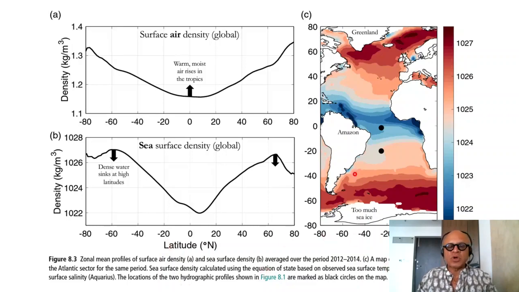The locations of the two hydrographic sections we saw before are these, as I said. So if you go from minus 80 west to 80 west here, you can see... sorry, this is a latitudinal section. Yeah, so these are the zonal mean profiles in the meridional sense.